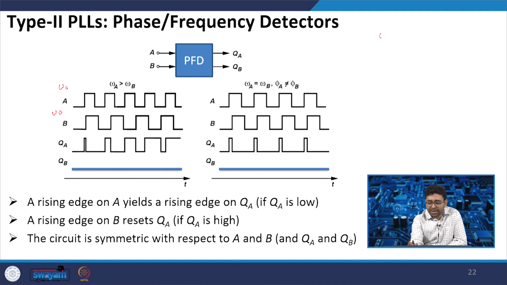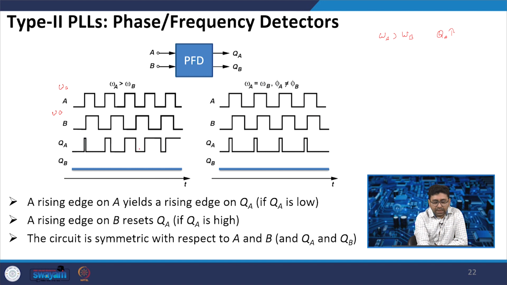If omega A is higher than omega B, your QA is increased and the difference in the phase will be observed by QA and it will start increasing.